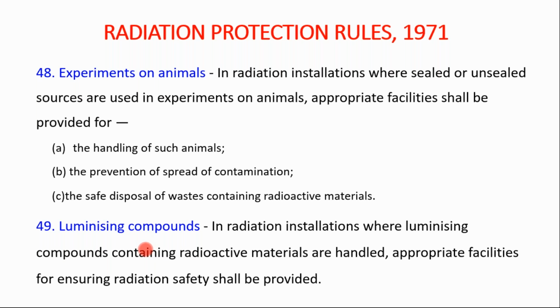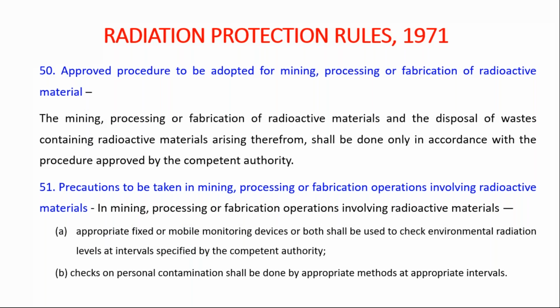Then rule number 50 is related to the approved procedure to be adopted for mining, processing or fabrication of radioactive material. So for all these activities, again we have to take care, we have to conduct some safety measures, we have to provide some safety guidelines which are approved by the competent authority. Then precautions to be taken in mining, processing or fabrication operations involving radioactive materials.